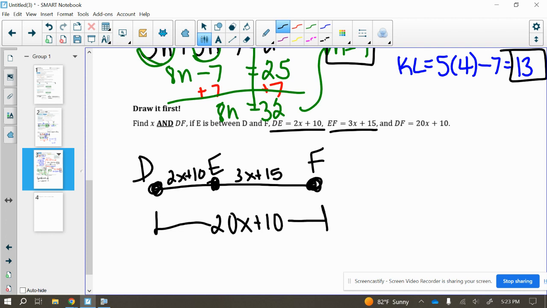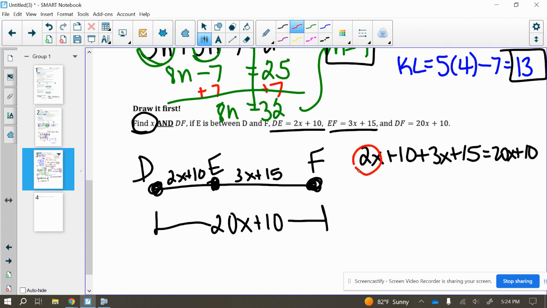Take a moment on your own to set up and solve an equation. You're going to start by finding x. Now that you found x, you are also going to want to plug it back in. We have 2x plus 10 plus 3x plus 15 equals 20x plus 10.